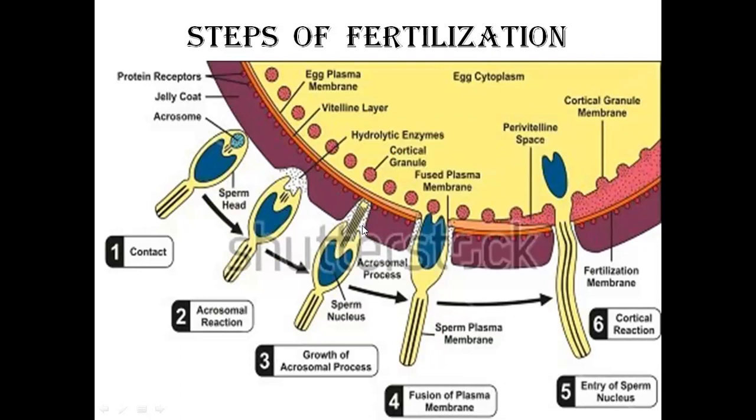Now, after the zona pellucida has been dissolved and it reaches the membrane, this is called the vitelline membrane, we see that the acrosomal process is growing and it is coming in contact, not the entire sperm head, but the acrosomal process is ejected and it is coming in contact with the vitelline layer, and subsequently there is fusion of this sperm membrane with the plasma membrane of the ovum.